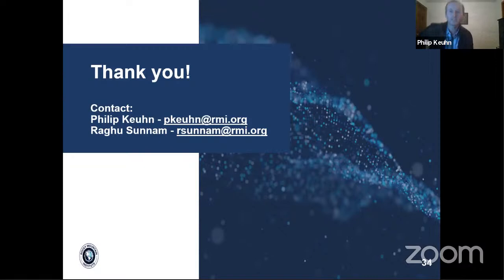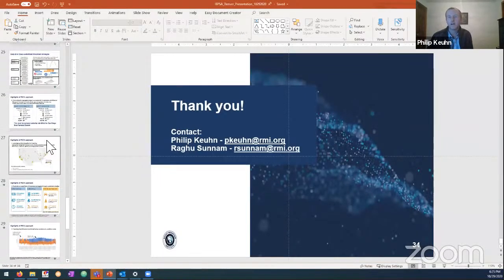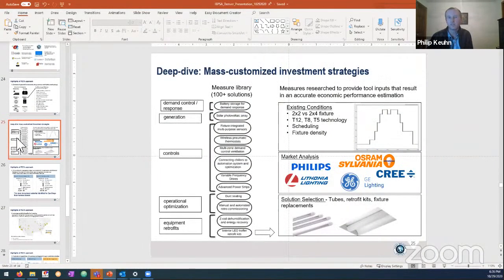There are two things that dictate the order that the investments are placed. The first one goes back to that zero over time concept, where we're asking about the attributes of the building, but we're also looking at the age and condition of major systems. That allows us to say, roughly speaking, the business as usual case is going to replace the chiller in 5 years, the boiler in 10 years, the windows in 15 years, whatever.